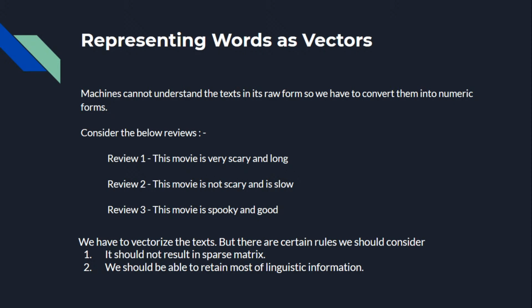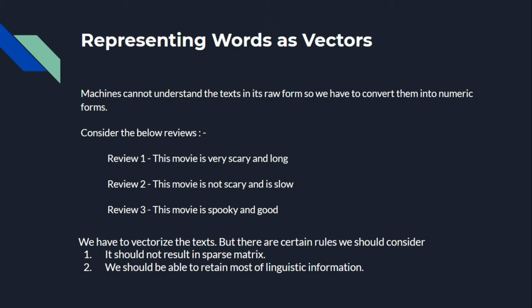But there are certain rules we should consider while vectorizing. You cannot simply assign any number. It should not result in a sparse matrix. Now what is a sparse matrix? It is a matrix where you have a lot of zeros. That is known as sparse matrix representation.